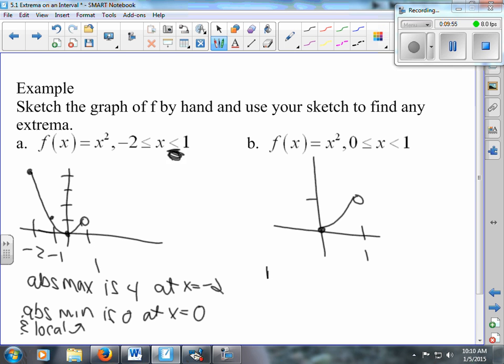So I have no local mins or maxes because I have no hills or valleys. No locals, but I do have an absolute min, 0 at x equals 0. Okay, so this is just looking at mins and maxes graphically, and this should have been somewhat straightforward.